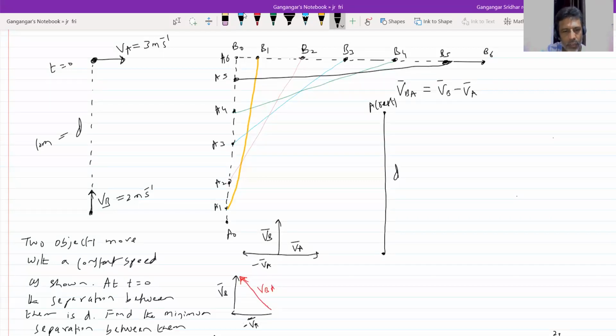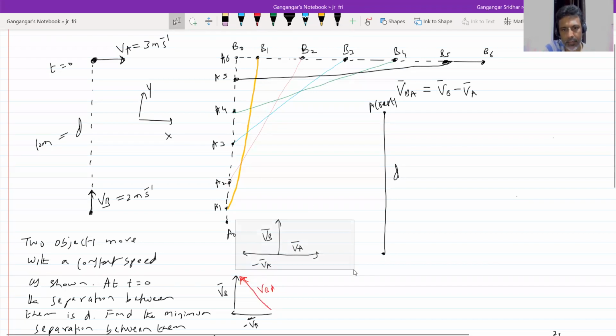Now when B looks at A, how does he feel? When B looks at the ground, he feels he's moving along the Y axis. When A looks at the ground, he feels he's moving along the X axis. When B looks at A, how does he feel he's moving? He feels he's moving somewhere in this direction. I will indicate that.